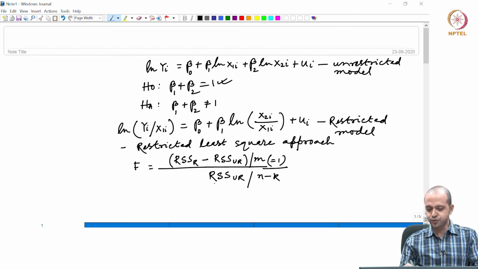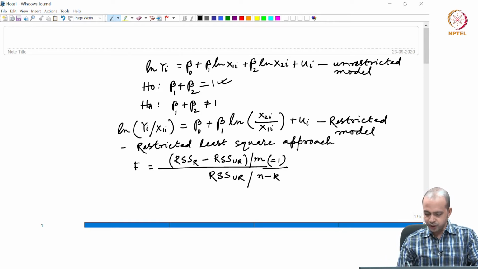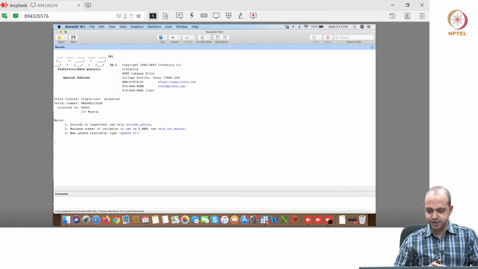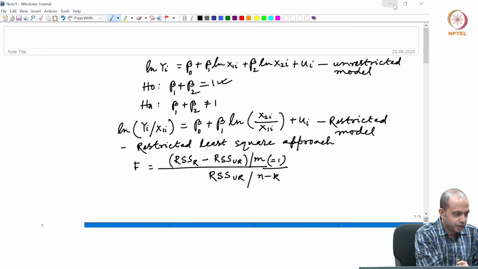We have this formula, and now I will quickly go into the software part. I will again be using the statistical software and the same data set to estimate the models, get RSS R and RSS UR, and then we will see their values, right. So, we will now go to the statistical software. I will first go to the data part.